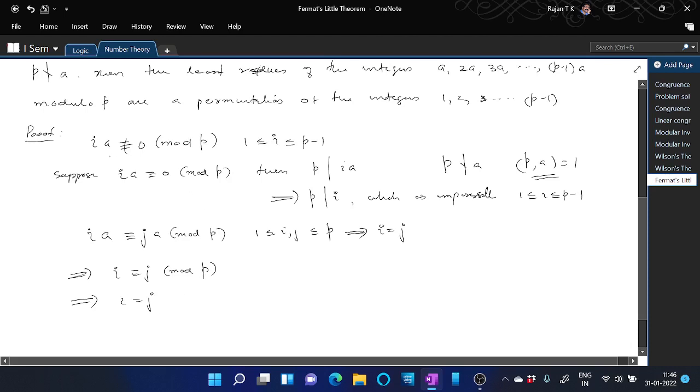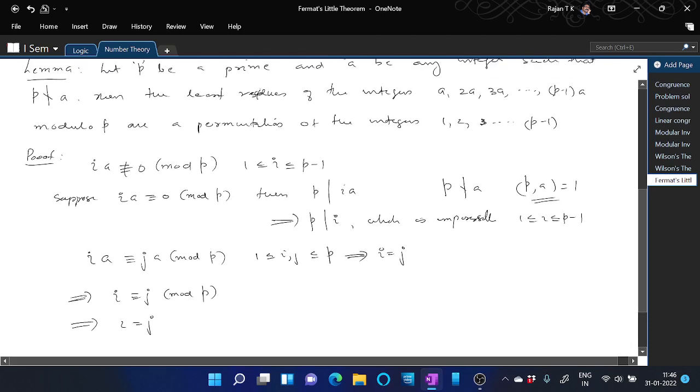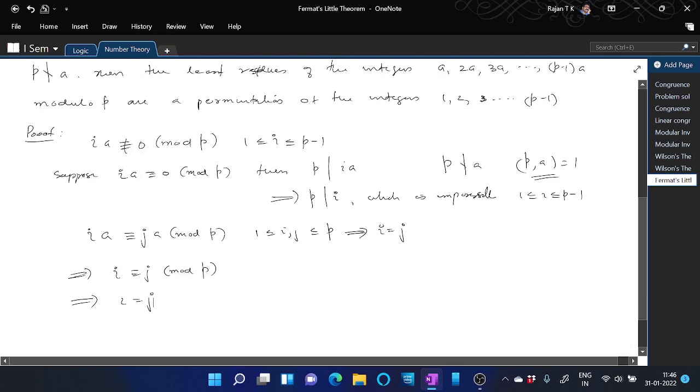So we got the result that if you take two multiples of a, ia and ja, they are congruent modulo p if and only if i equal to j, the same multiple. And therefore no two least residues of a, 2a, 3a, etc. p minus 1 into a are congruent modulo p.